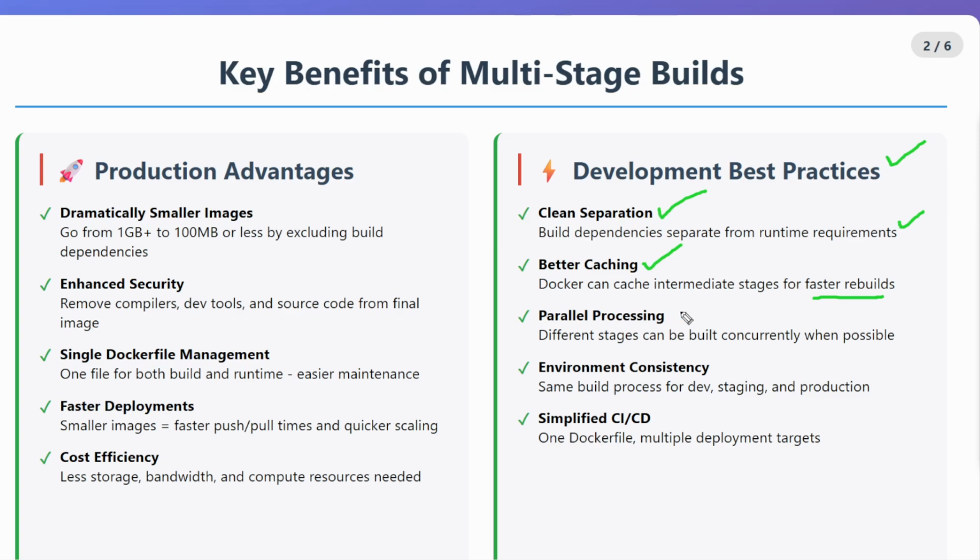Parallel processing should be enabled; different stages can be built concurrently whenever possible. Environment consistency should be maintained: the same build process for development, staging, and production. And simplified CI/CD: make sure to have one Dockerfile with multiple deployment targets. Those are some best practices from the developer end.